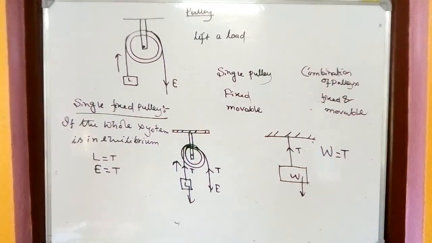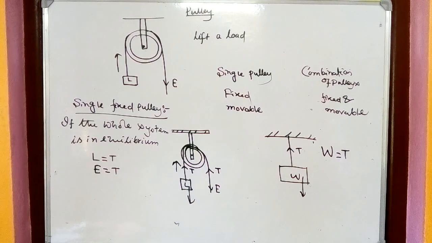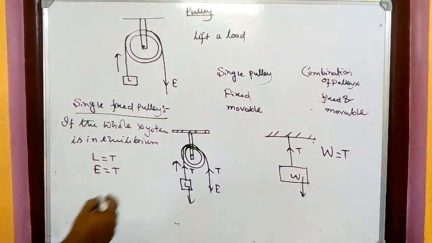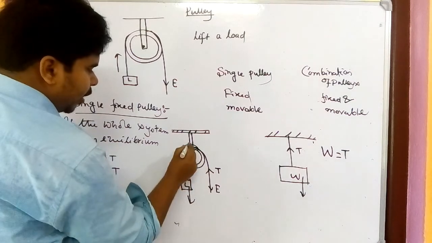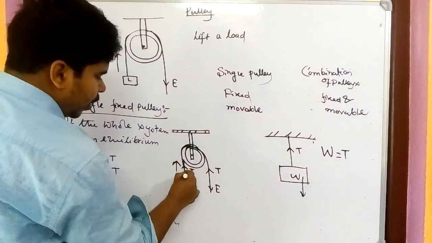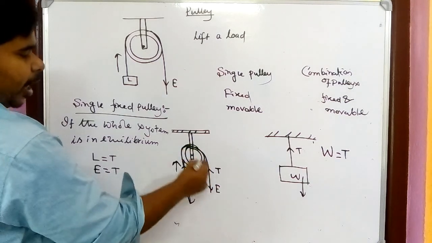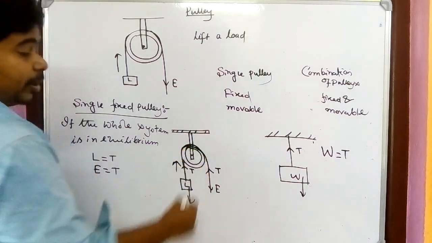Now you may ask, sir, why have we taken two tensions? Because there are two strings' ends. Why is it both T and T? Simple thing: it is only one string, just wrapped over the pulley.